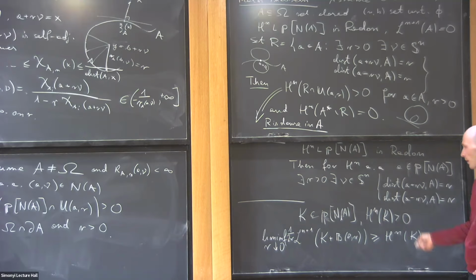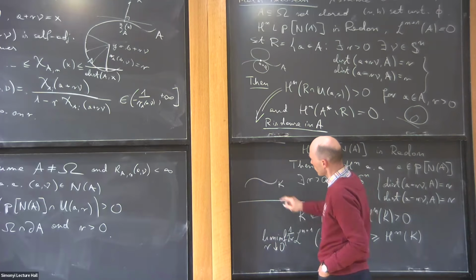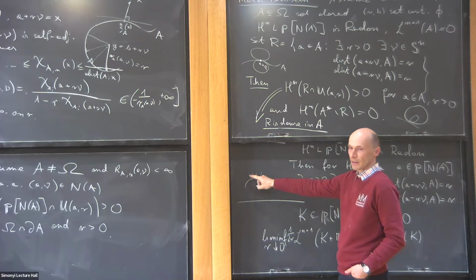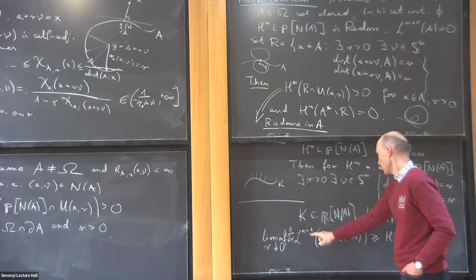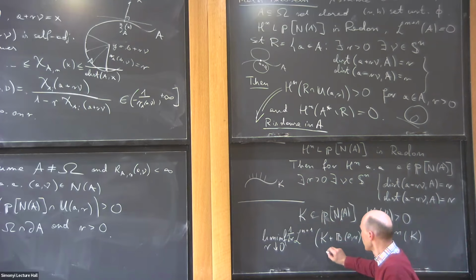But now you do coarea. You take this thickening, you disintegrate the Lebesgue measure with respect to fibers of the nearest point projection, and you get some strange thing, you have this K here, and you can touch it only from one side. So your coarea formula will have only one side, and you divide by 1 over 2R, you will see that this actually converges to one half of this.